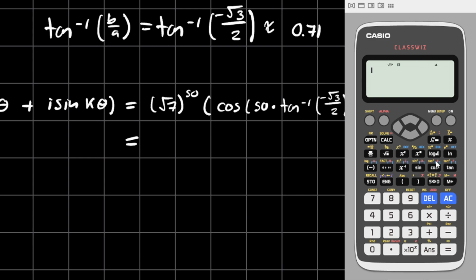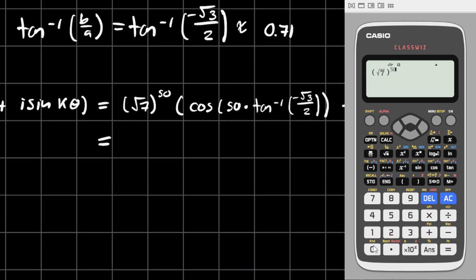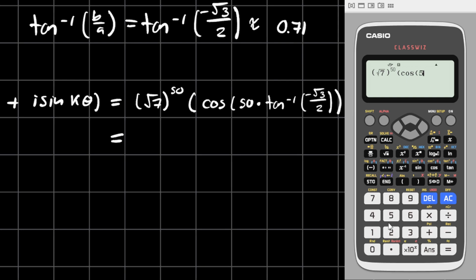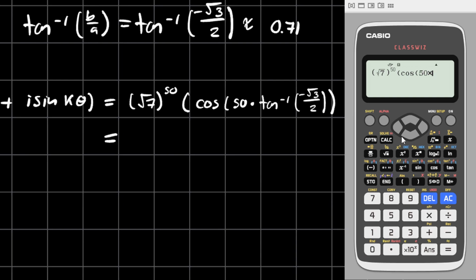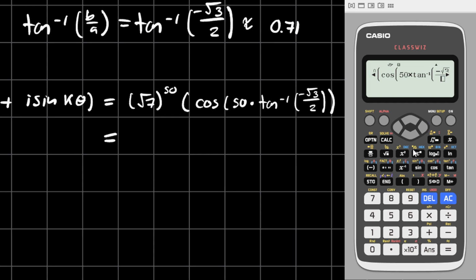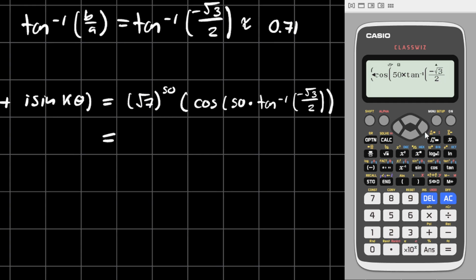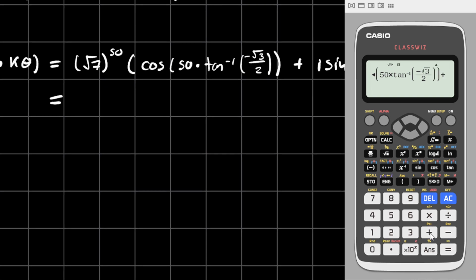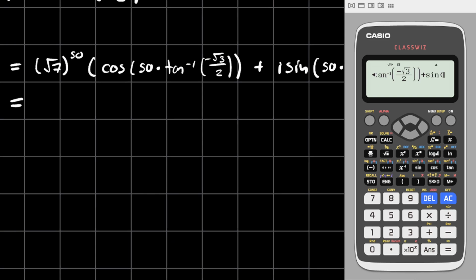So we can simply do square root of 7 to the power of 50, and then cosine of 50 times tangent inverse of minus square root of 3 over 2. Close this up, plus sine, I think, plus like that.